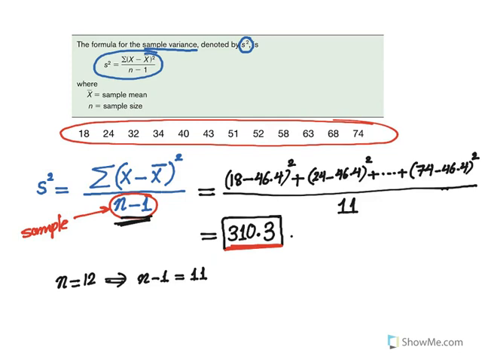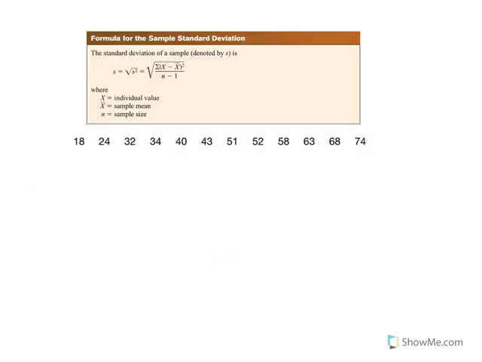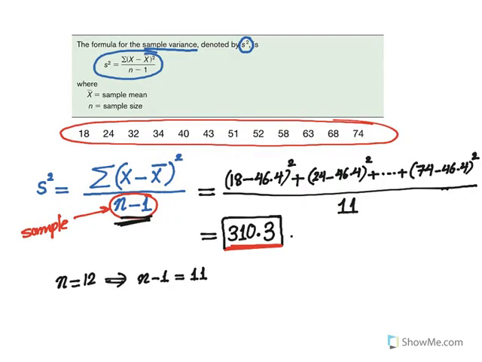The last and easiest one is the standard deviation. The standard deviation, S in this case because we have a sample, is just the square root of the variance. And the variance was just computed. It was the S squared that we computed on the previous slide. So this will be the square root of, let's see, what was it?